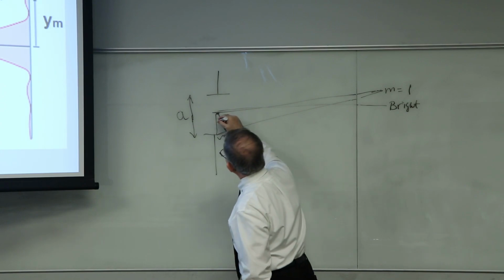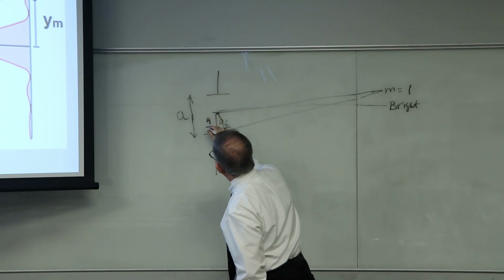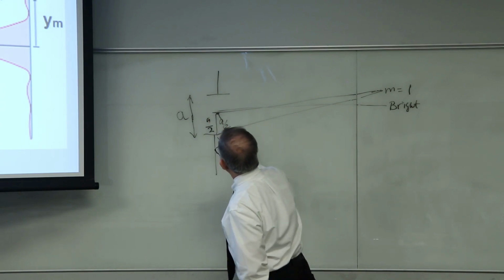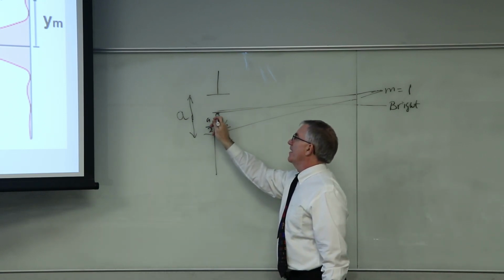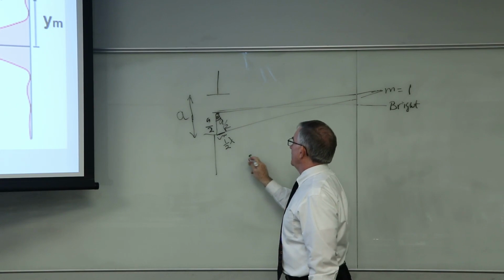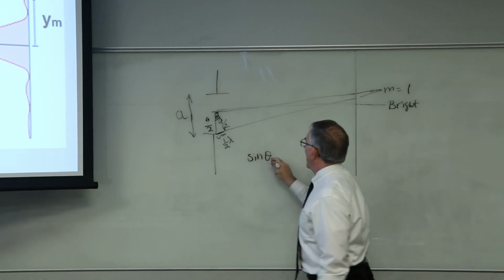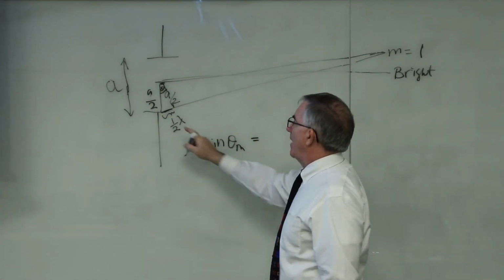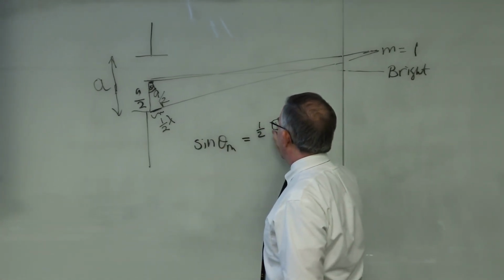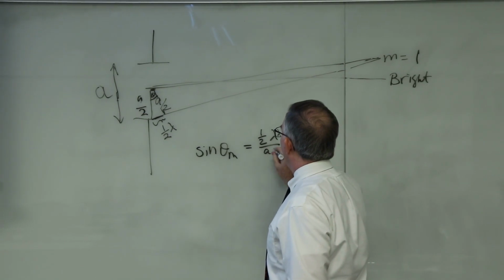Okay? So if we do the geometry on that, then the hypotenuse is A over 2, and the other side is lambda over 2. And there's the angle right there, theta, and you get sine theta of m, the mth bright line, is equal to the opposite side of the triangle, 1/2 lambda, over A over 2.